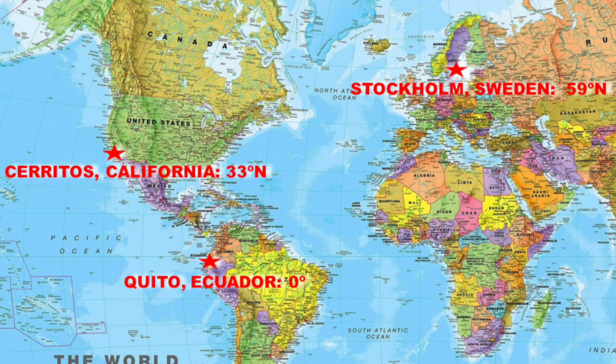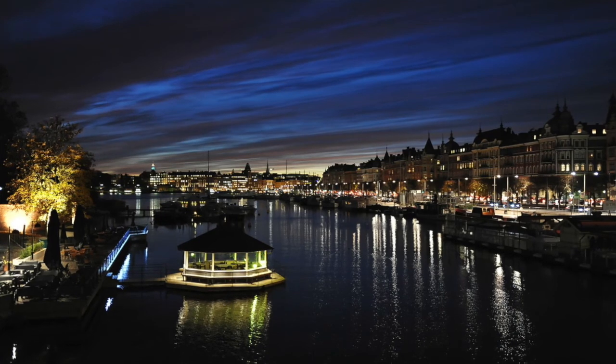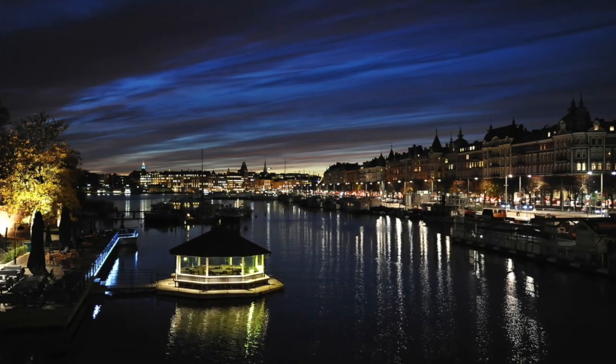I was in Stockholm, Sweden in the middle of summer, and there was still a little bit of sunlight at midnight. You see how there's still some sun off into the distance there? That could be midnight in Stockholm.